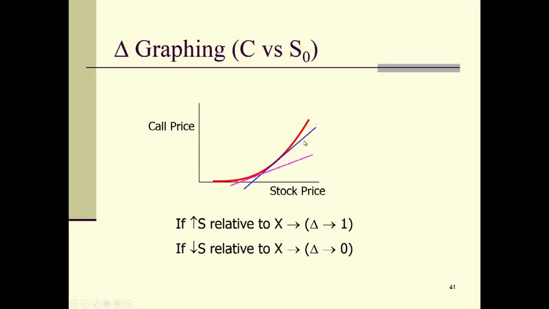Because this amount here is going to be bigger than this amount, it's going to be bigger than this amount, right? Does everyone follow? So therefore, at the limit, delta must approach 1, and conversely, it will go down to 0. So by the same token, as stock price goes up very high, your call becomes deep in the money, so therefore the probability is, of course, 100% of being exercised.